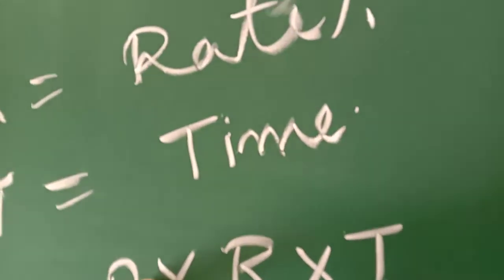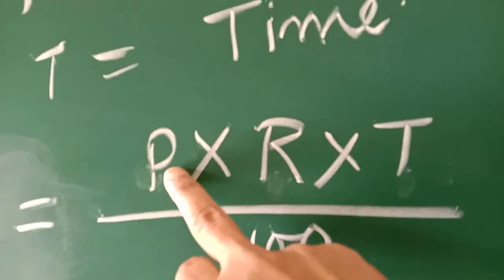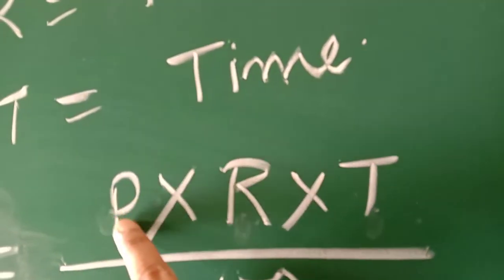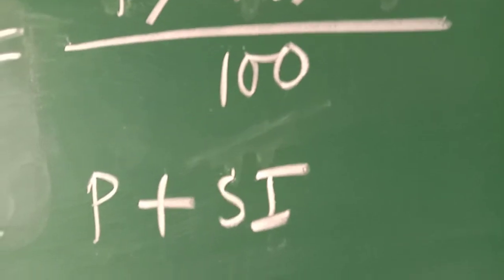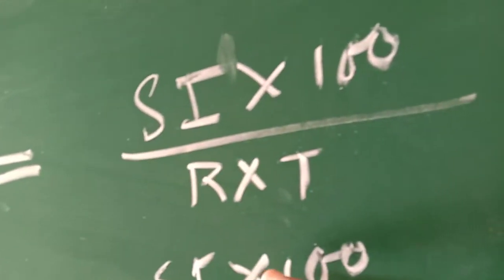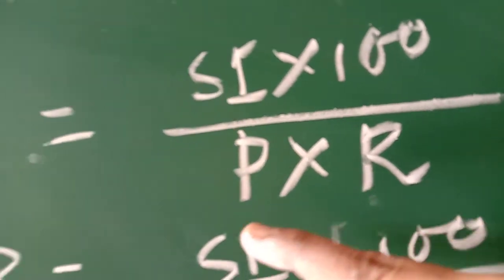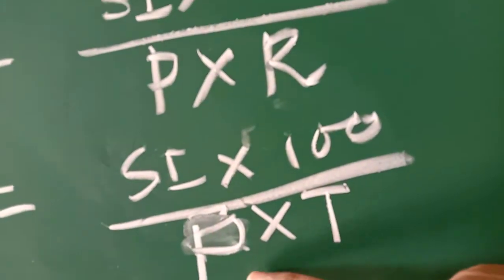Now when this is PRT, when P is missing, RT is down. When T is missing, PR is down. When R is missing, PT is going down.